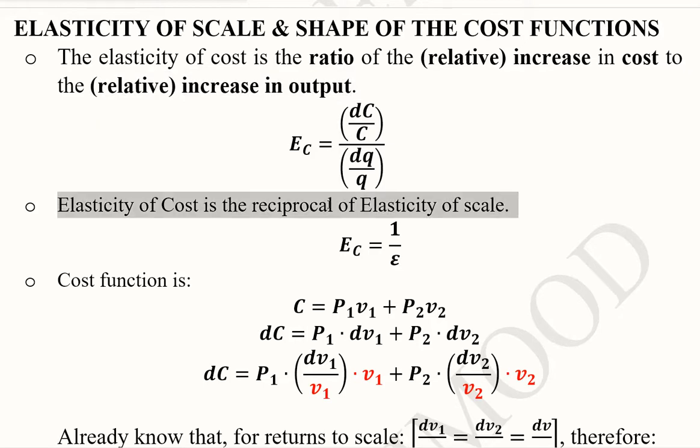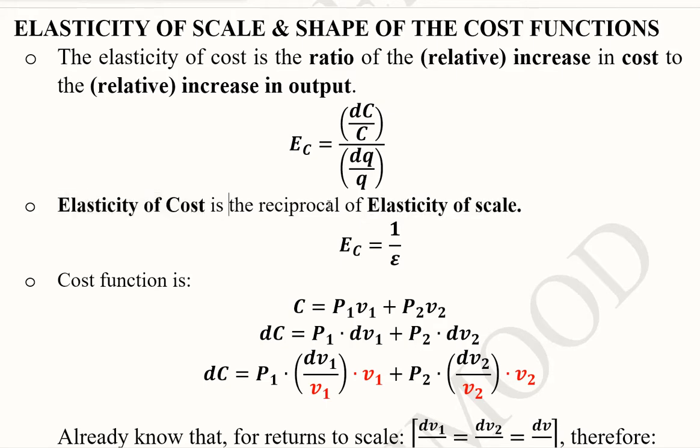When we try to relate it with the elasticity of scale that we have already calculated before, the elasticity of cost is actually the reciprocal of it, which means that the elasticity of cost, which is represented with E subscript C, is equal to 1 over epsilon.